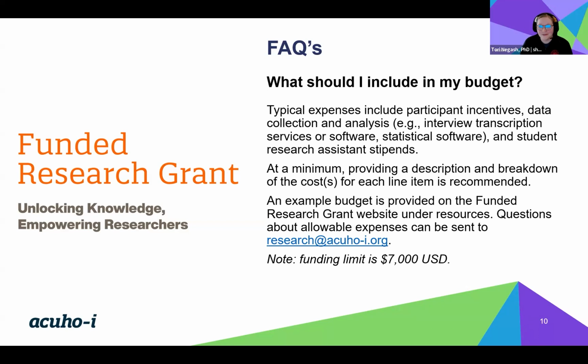Not all inclusive of what's allowed, but typically participant incentives are included as a budget item. Expenses related to data collection and analysis, so interview transcription services or software, statistical software, and then student research assistant stipends would also be something that's allowed as an included expense.